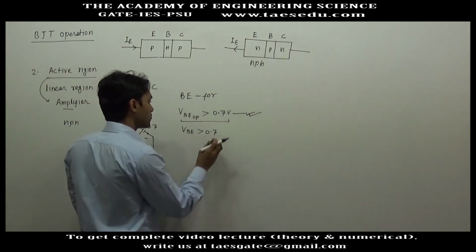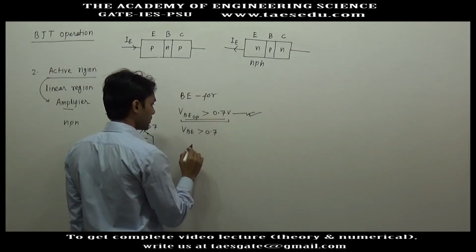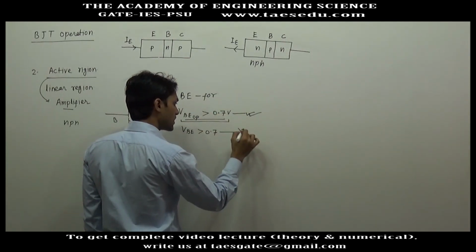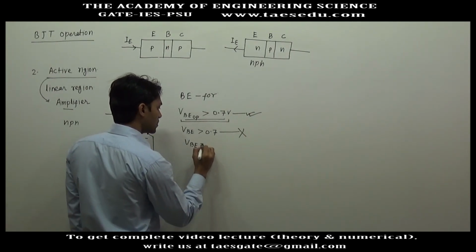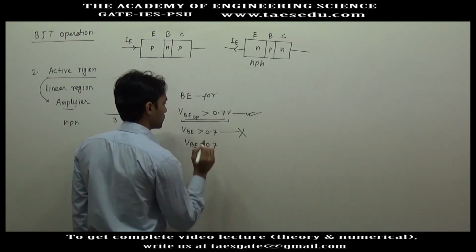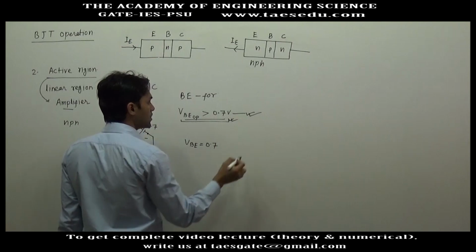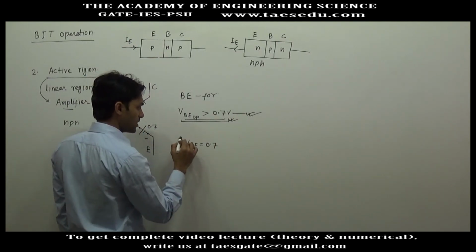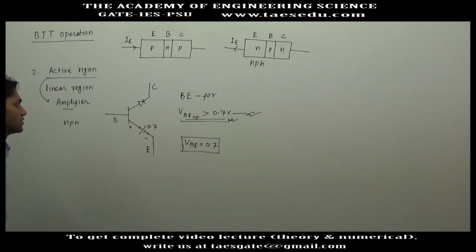When the open circuit voltage is greater than 0.7 volt, in the actual condition it will not be greater than 0.7 volt. Instead, VBE will be equal to 0.7 volt. So whenever this condition is satisfied, you will immediately understand that VBE will be 0.7 volt.